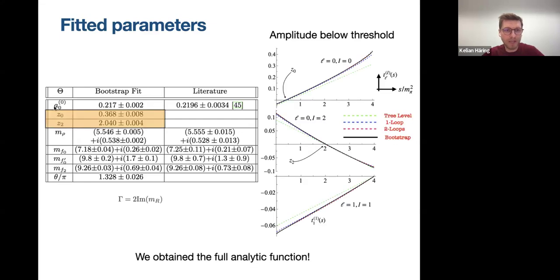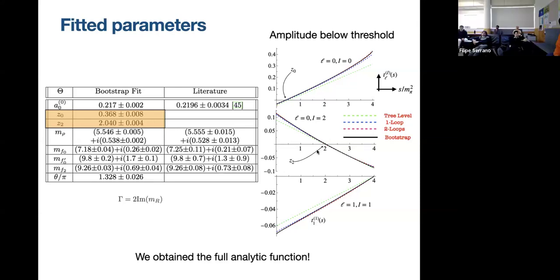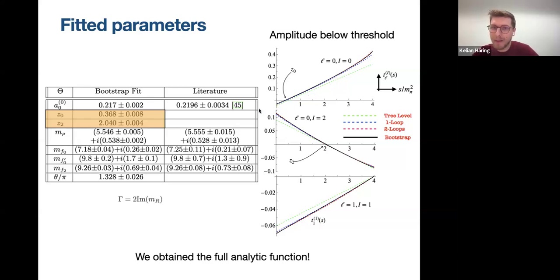Regarding the two chiral zeros, because we have an analytic function, we can actually plot the amplitude also below threshold. Here we compared with ChPT. The amplitude obtained from Bootstrap is the one in black in each of these channels. In the dotted lines, you have in green the tree level, which is a straight line in all channels, and you have one and two loops from ChPT.